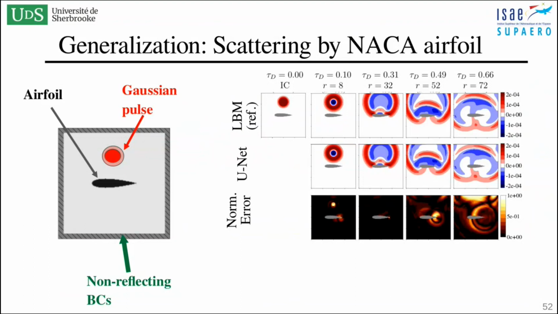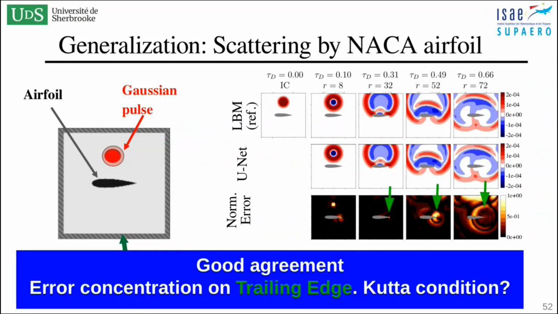But interestingly, the error is now concentrated very strongly on the trailing edge, so on this sharp edge. And we see that there is a kind of error wave propagating in time having a dipolar shape. So the idea would be eventually to correct this with, for example, some kind of Kutta condition which will impose the zero jump in pressure at this trailing edge. But this is something left for future work.